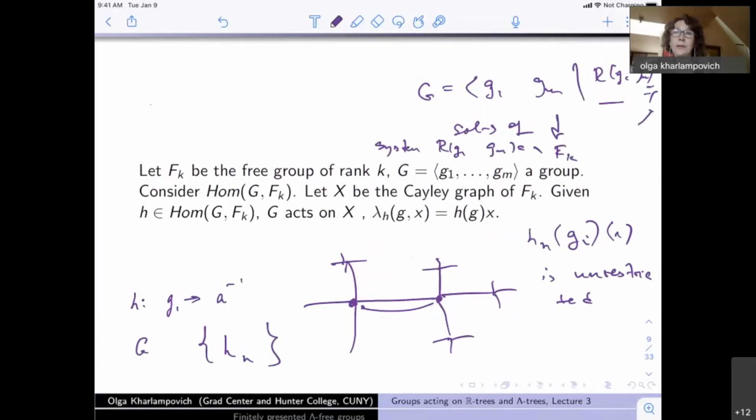And if the solutions are different, if there are infinitely many of them, and they are not conjugate, then what can we do? All these spaces X_n are basically going to be the same space, they all are just trees.